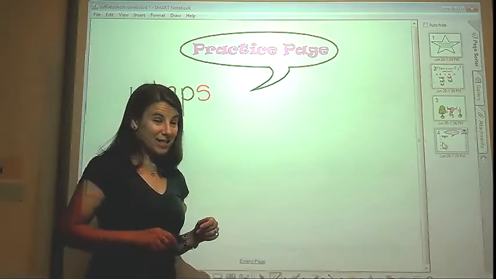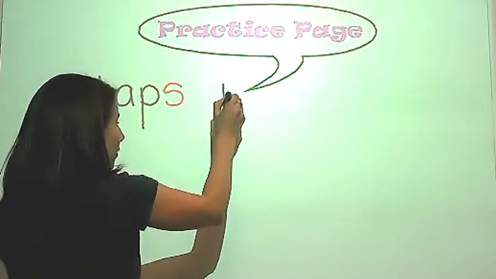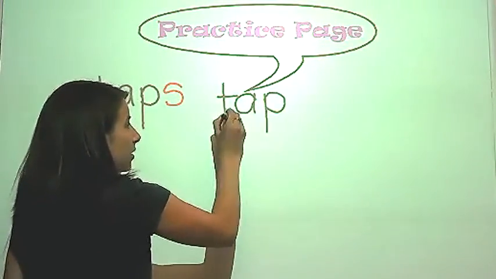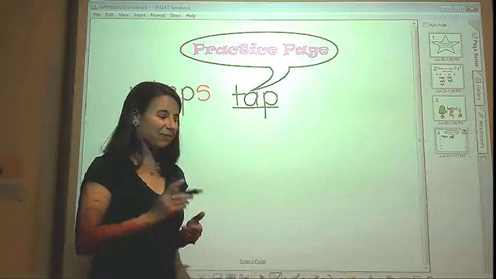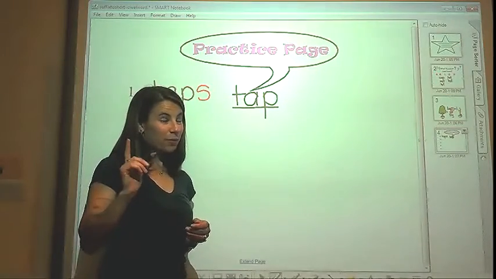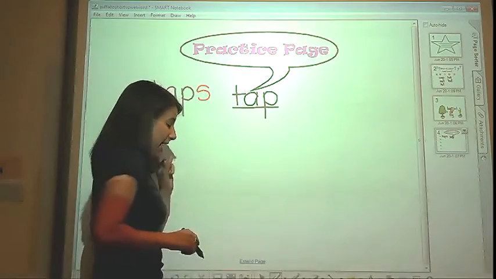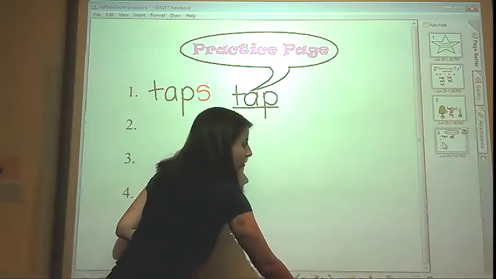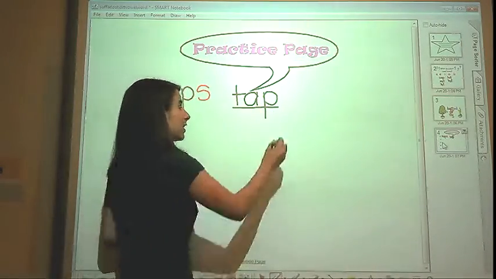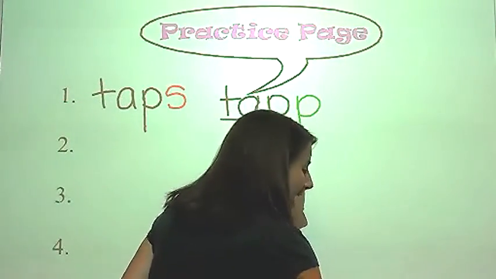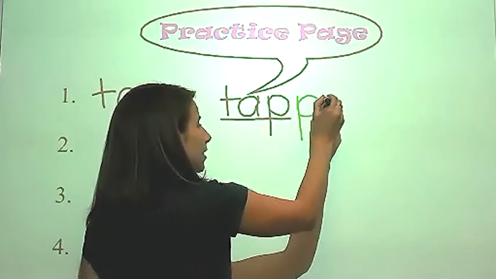How about we make it say tapped? So I'll write my T-A-P. There's my root word. Then remember, because ed, my new suffix, starts with a vowel, I have to double that consonant. So I have T-A-P, double my P, and add E-D.